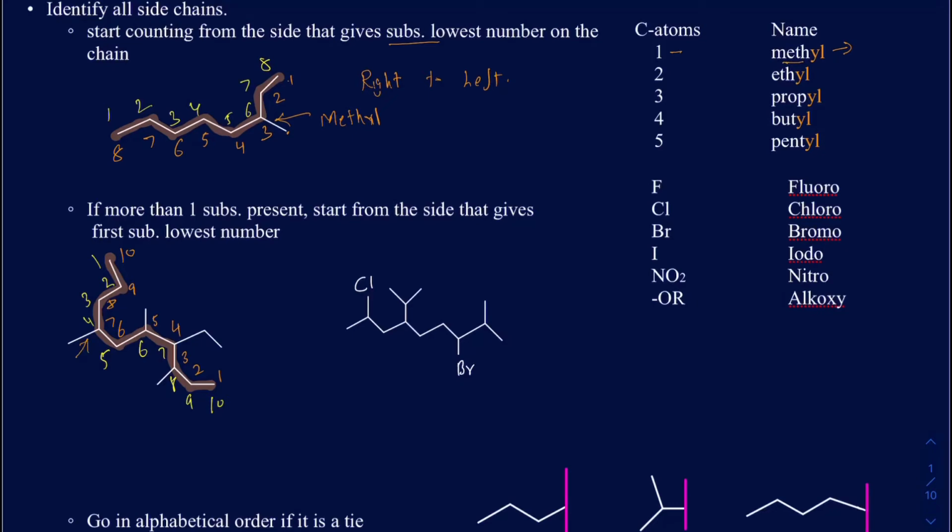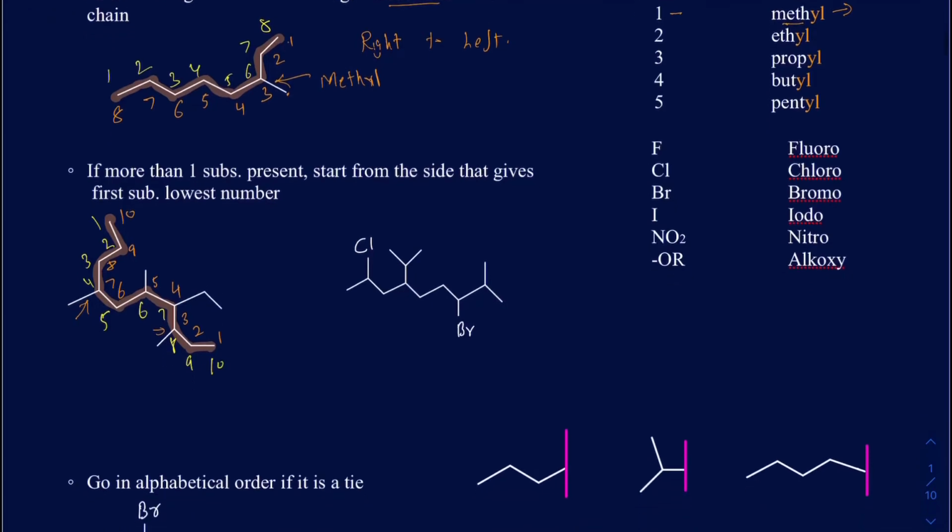But if I count it from the bottom, that's shown by this orange color numbering, then your first substituent comes on carbon number 3. And since it gets the lower number when you count it from the bottom, this is going to be the correct way of numbering this chain, not by the yellow colors. All right, so go with, I would say, bottom to top in terms of numbering for this particular chain.